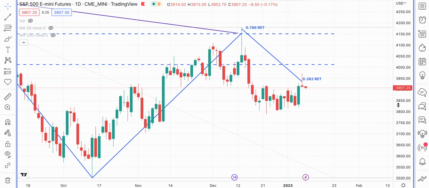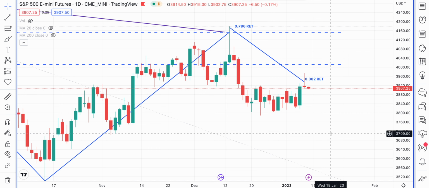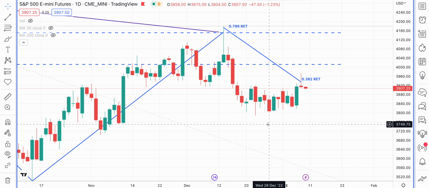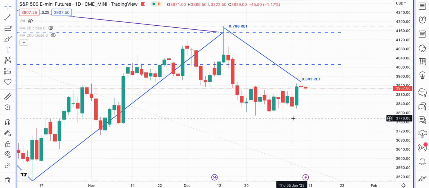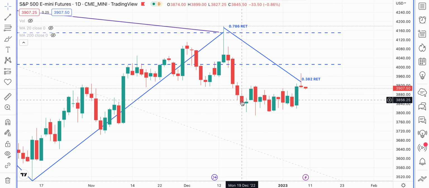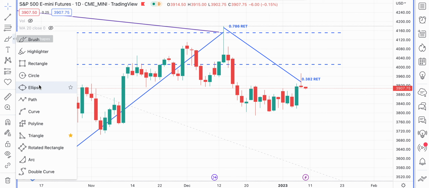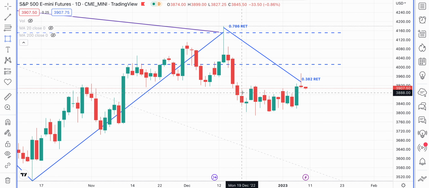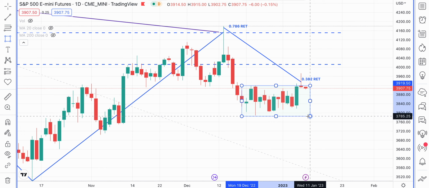What you can notice is that over the last week, particularly since the start of this year, 2023, Happy New Year by the way, the market actually had been consolidating in this range. So I'm just going to draw a rectangle here, just to illustrate a trading range.